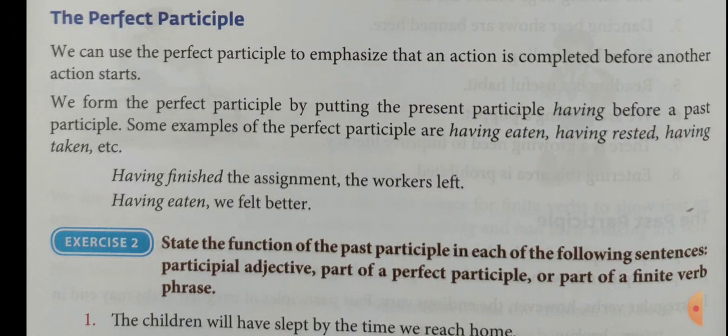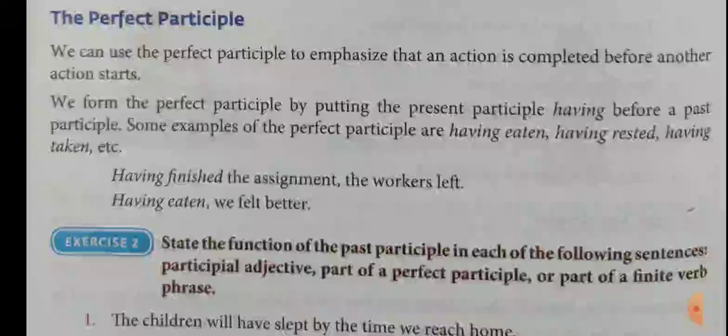Some examples of the perfect participle are having eaten, having rested, having taken, etc. Having finished the assignment, the workers left. Having eaten, we felt better.